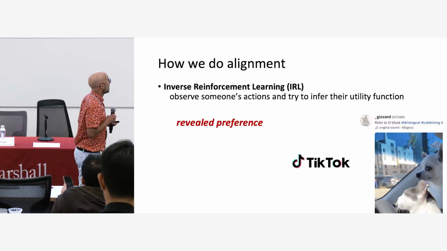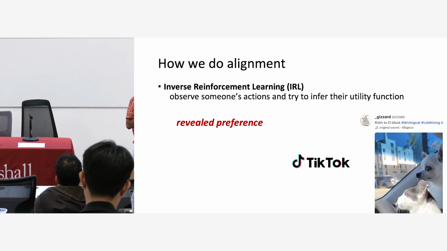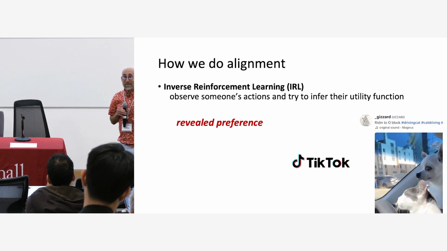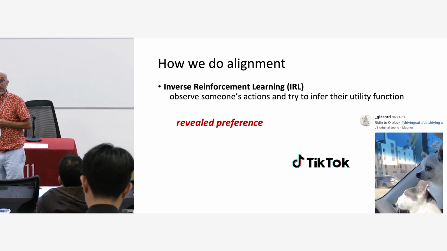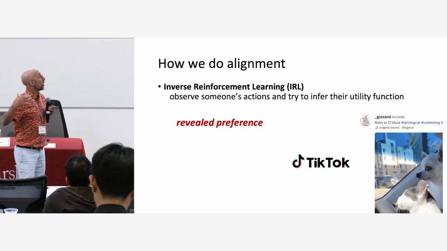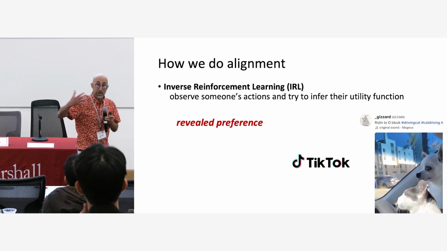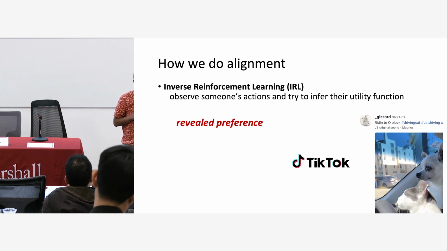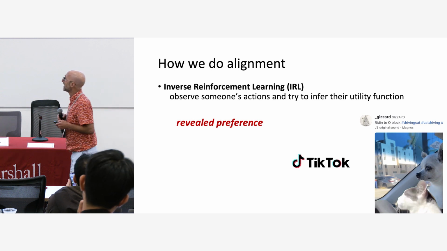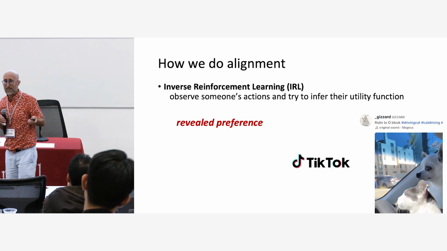Okay. The other piece that's popular, particularly with people at Berkeley, is inverse reinforcement learning, which says, hey, we're going to try and figure out, observe what someone does. What was it that they must have wanted? You've got to think about that. Is this a good idea? It's called revealed preference, right? In the psychology literature.